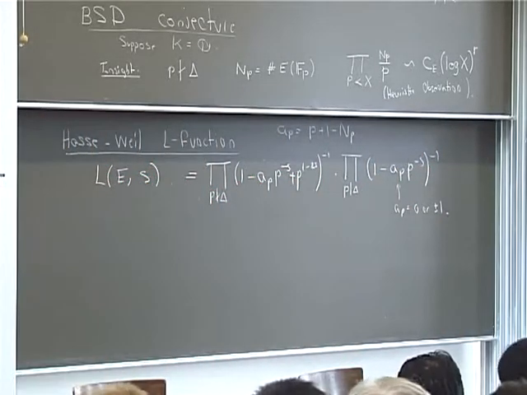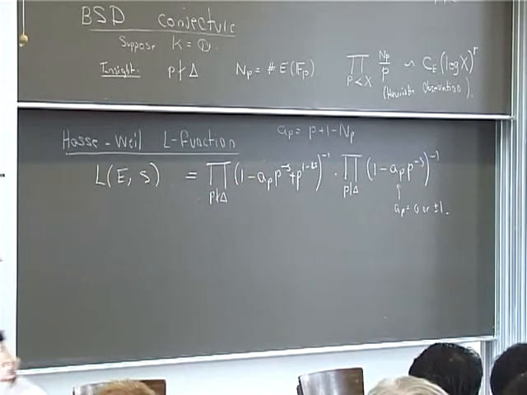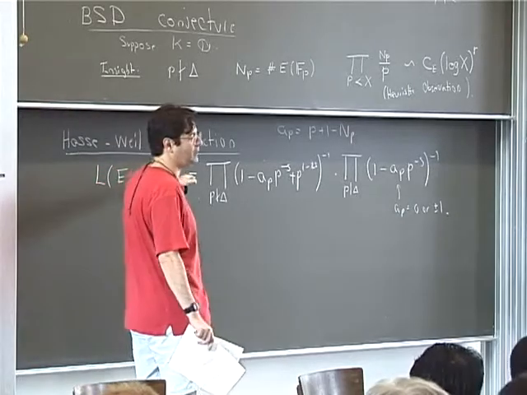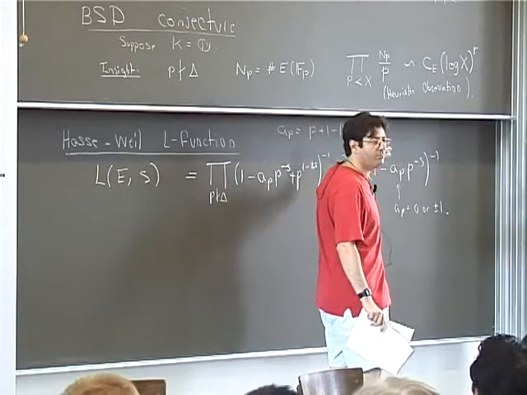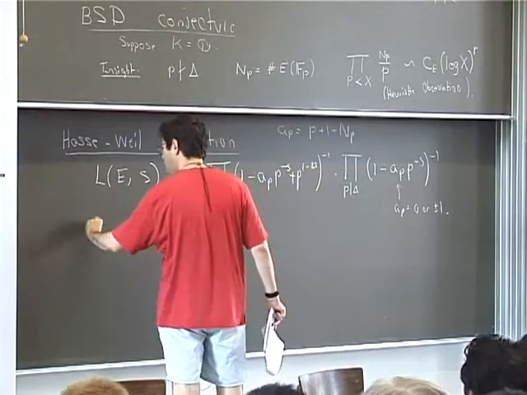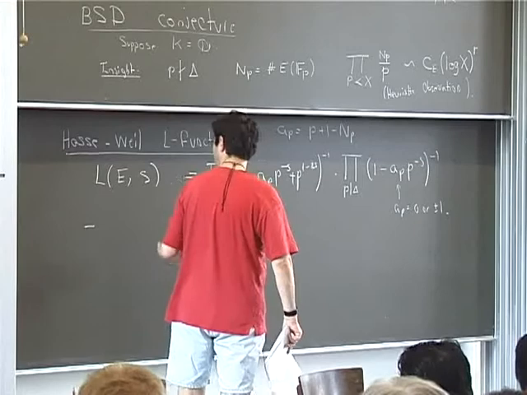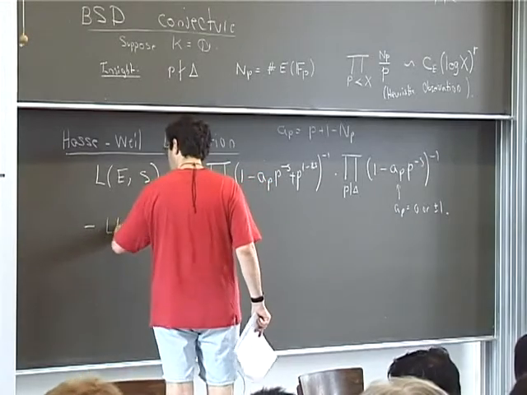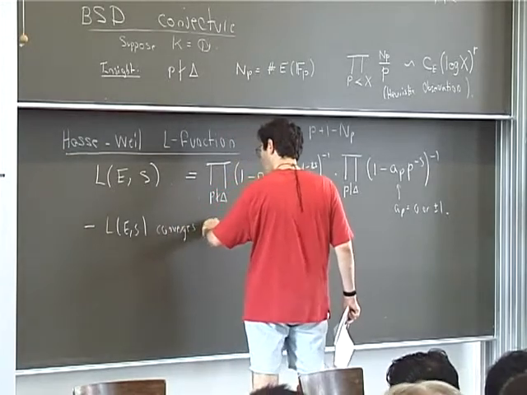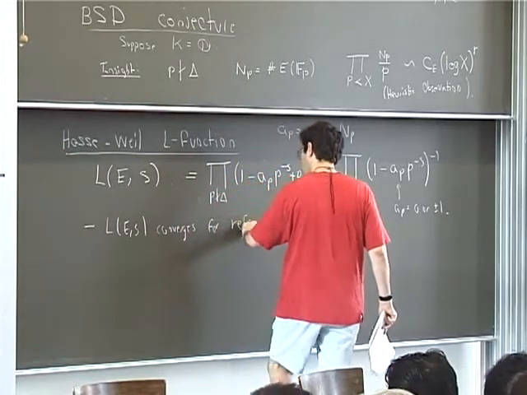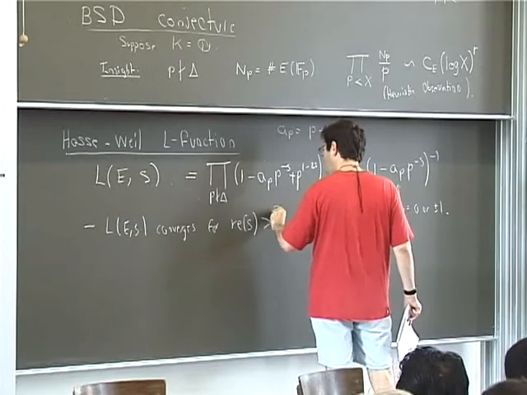It's not very important. But to motivate this definition from a naive point of view and connect it with what I wrote here, you could observe two facts about this L function. So L(E,s) converges for the real part of s bigger than 3/2.